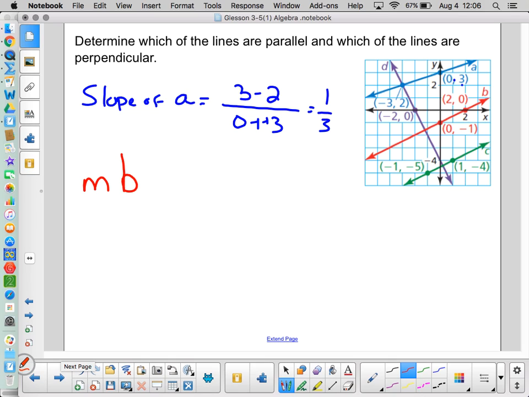So the measure, and I can use a line symbol there if I want, the slope of line B, or m of line B. And again, we're going to do the same thing, change in y, 0 minus -1, over change in x, 2 minus 0, which is going to be a slope of 1/2.